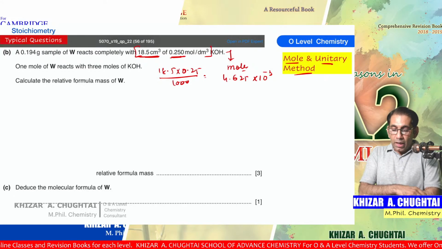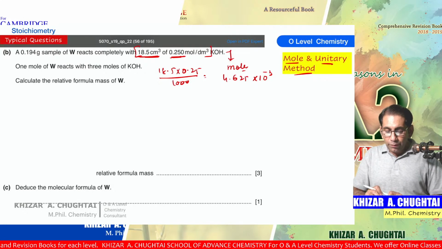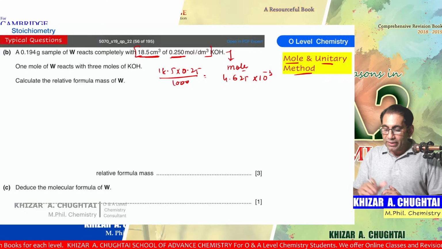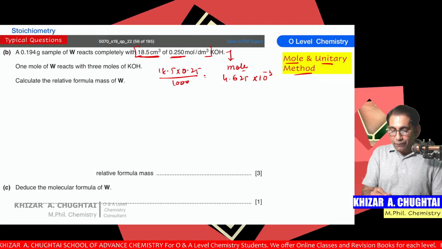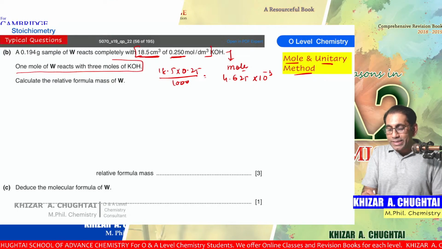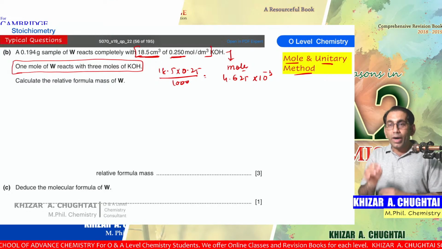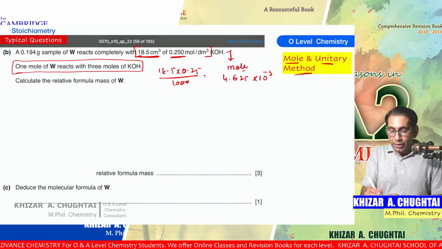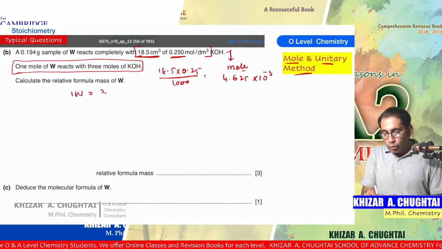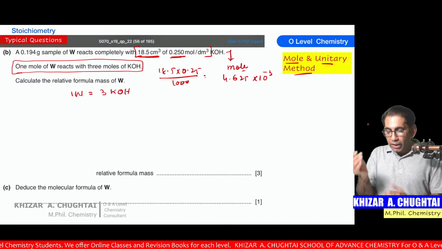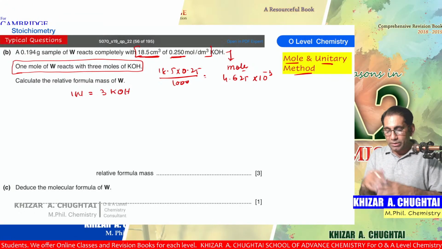Okay. A 0.194 gram sample of W reacts completely with this KOH. 1 mole of W reacts with 3 mole of KOH. This information is given. Instead of the chemical equation, you are given the information that 1 mole of W is equal to 3 mole of KOH. That's quite simple. I mean, question is solved.